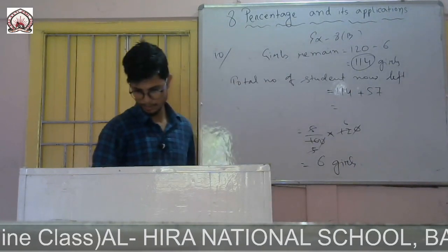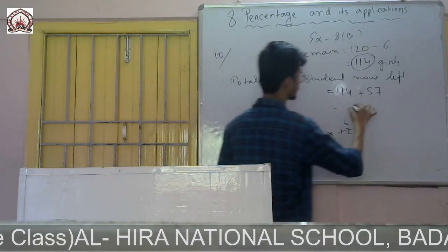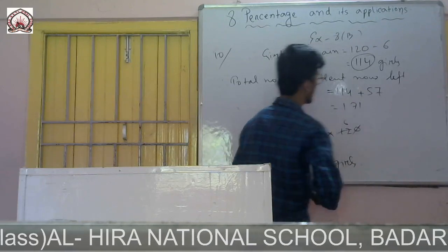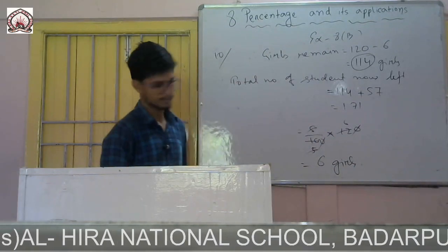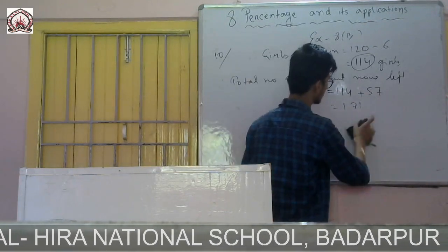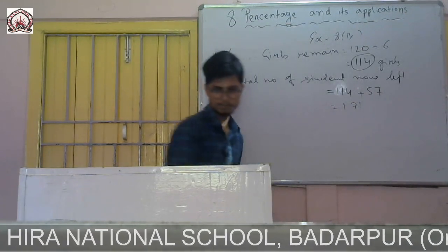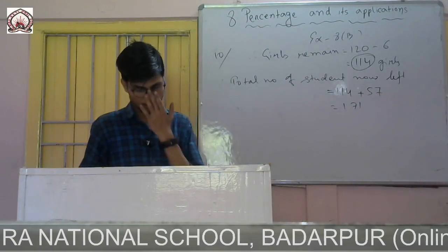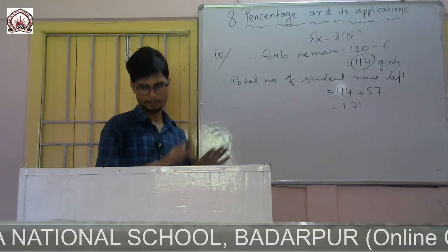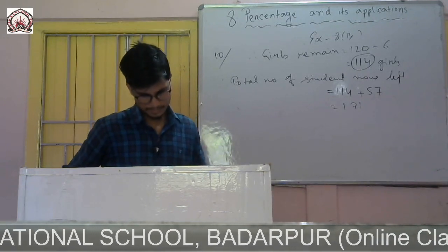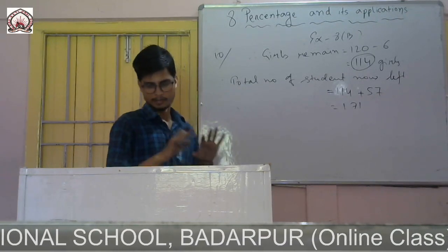If you add, it will be 171. So this is the number of students now. The question is to find the percentage of boys out of this total number of students.